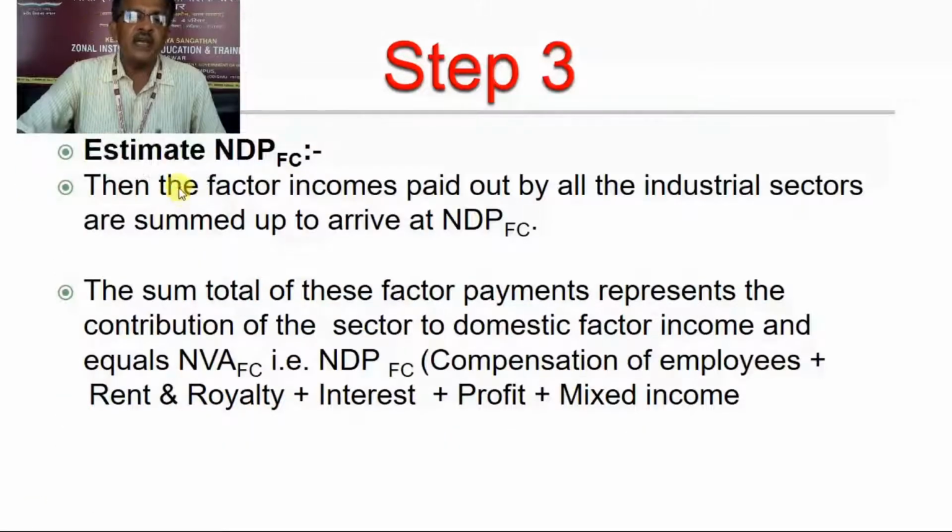Step 3: estimate the net domestic product at factor cost. The factor incomes paid out by all the industrial sectors are summed up to arrive at NDP at factor cost. The sum total of these factor payments represents the contribution of the sector to domestic factor income and equals net value added at factor cost, that is NDP at factor cost, which can be summed up in this way: compensation of employees plus rent and royalty plus interest, that is operating surplus, plus mixed income.